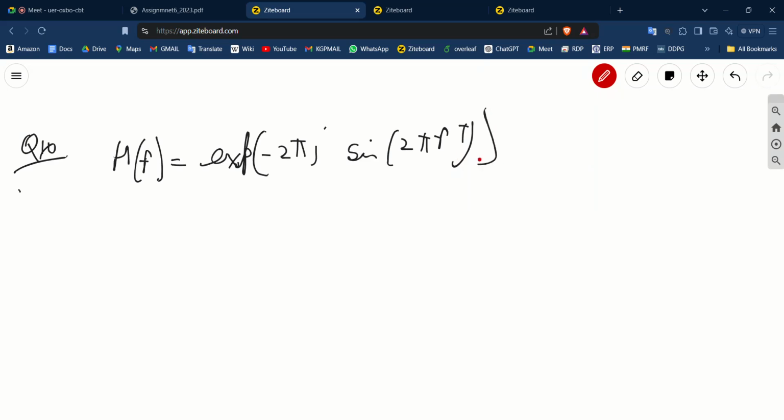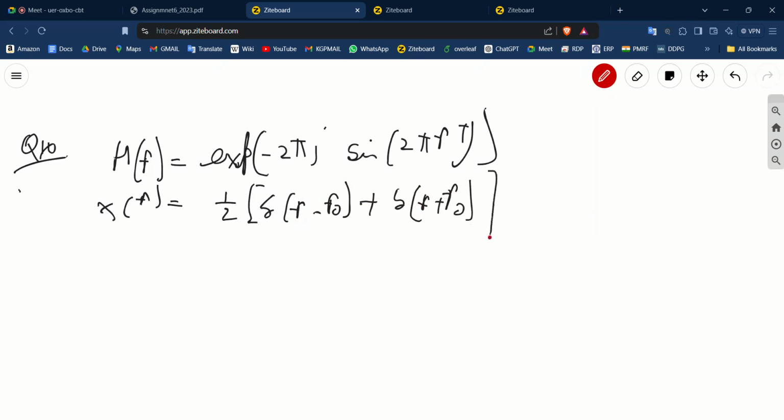Now X(f) is given as half of delta(f minus f naught) plus delta(f plus f naught), where f naught equal to 1 by 80.